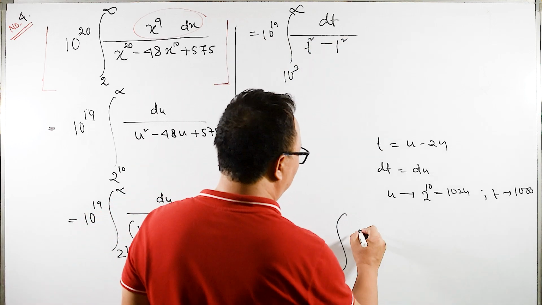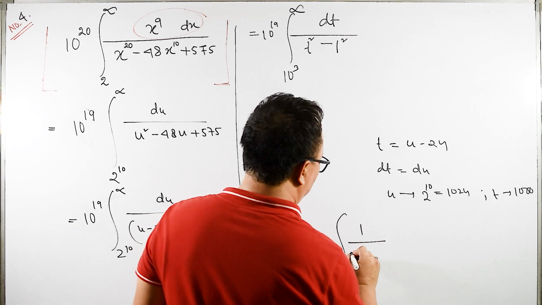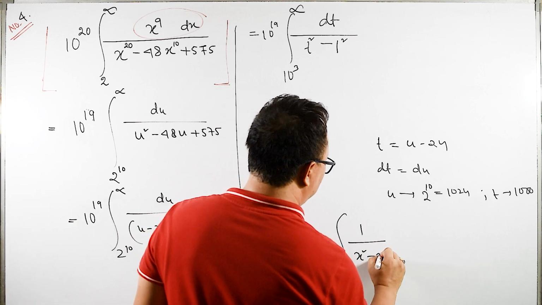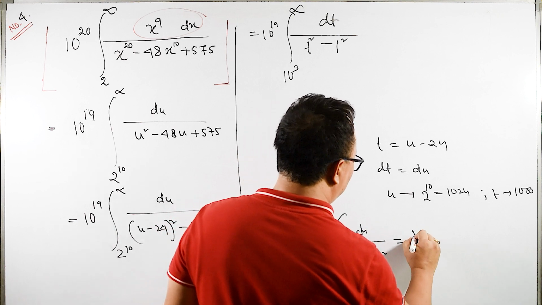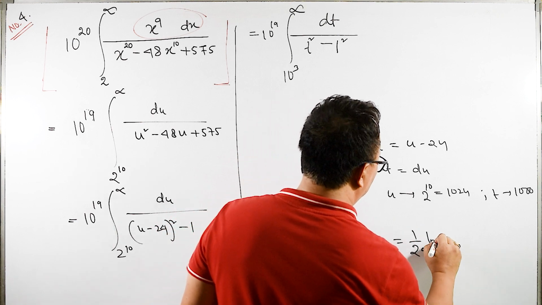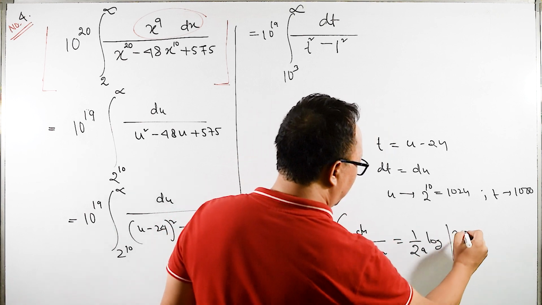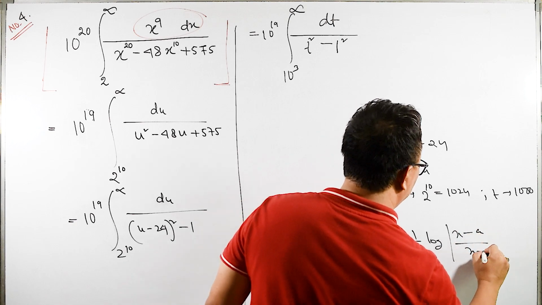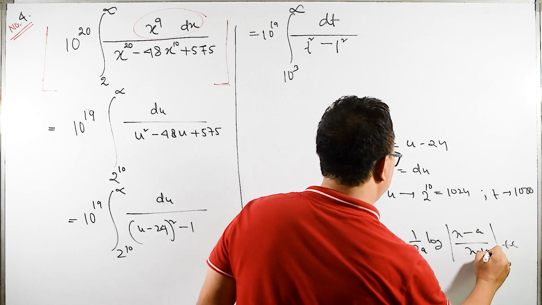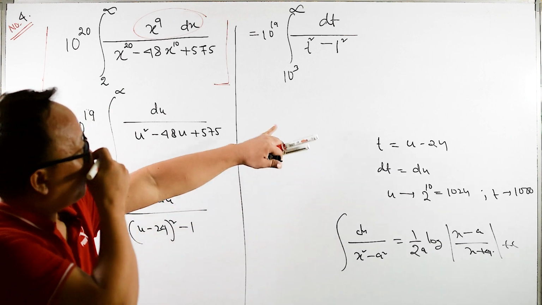The formula: integral of 1 upon x square minus a square dx is 1 by twice a log of (x minus a) upon (x plus a) plus some constant c. Let's apply this formula over here.